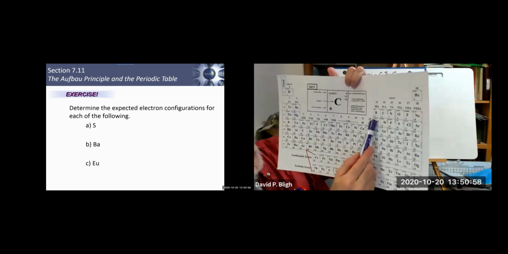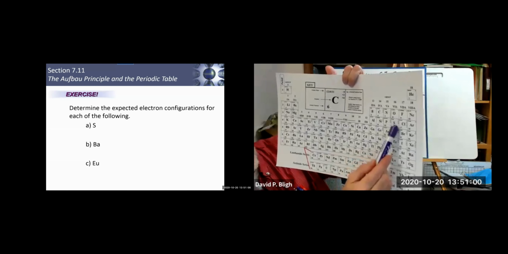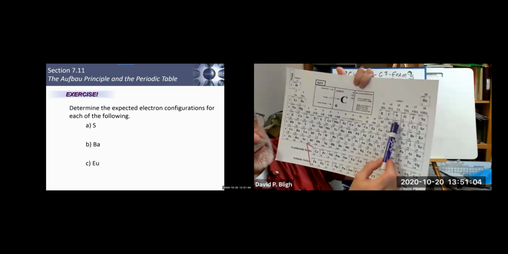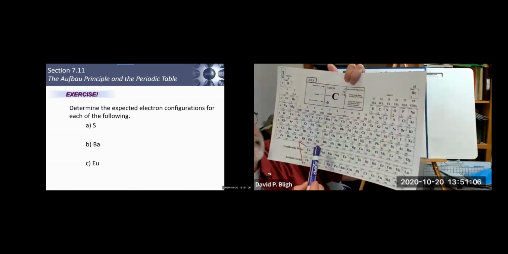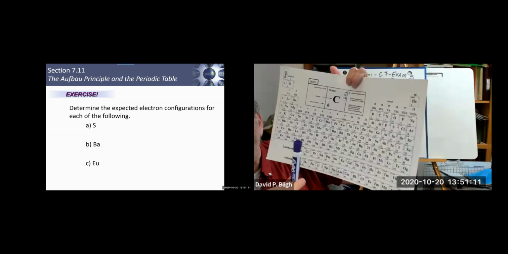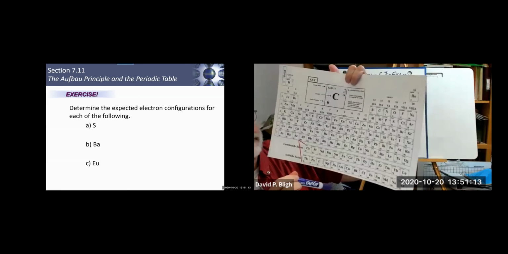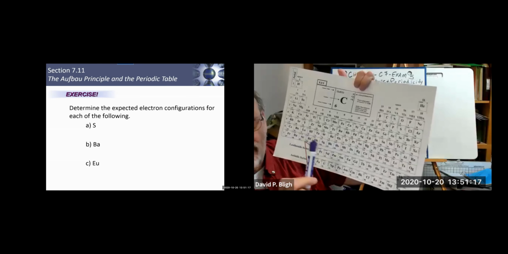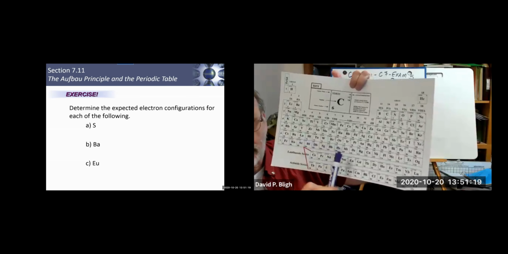Then we went to 3p. Went over to sulfur. It's got 4 electrons in it. Notice 1, 2, 3, 4. From aluminum over to sulfur is 4 electrons in the p orbital. So if you know how the periodic table is structured, it's very simple to write the electronic structure of your atom.